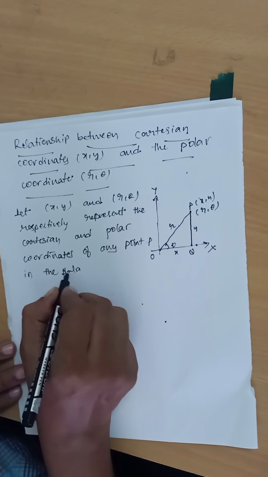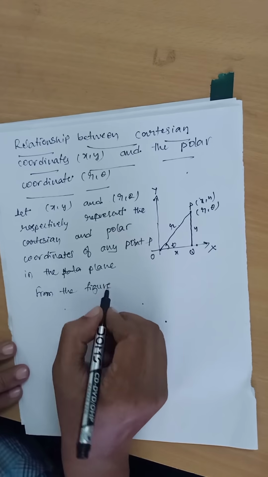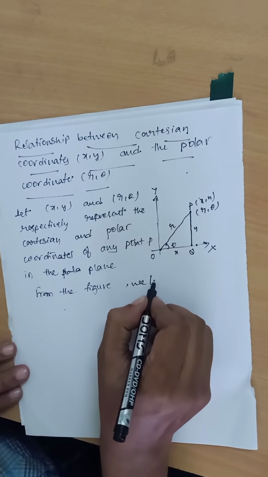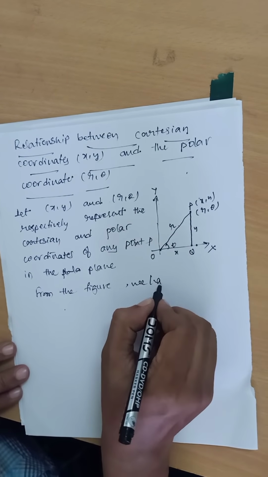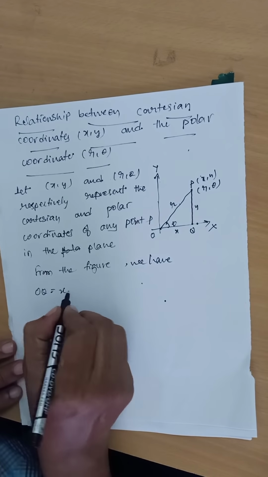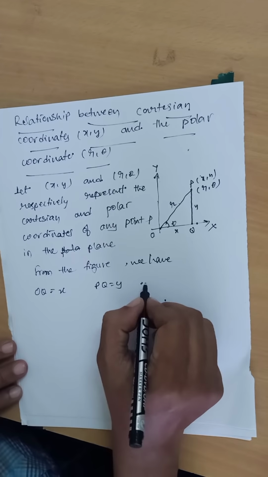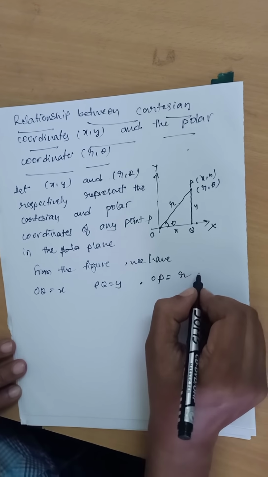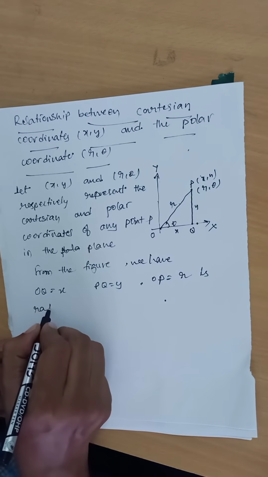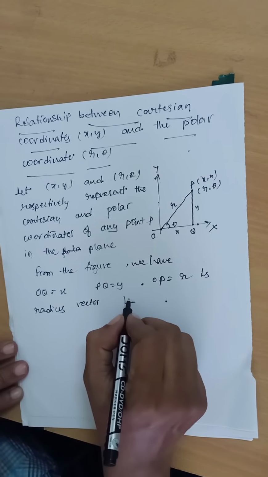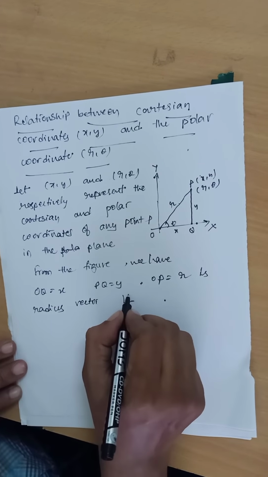From the figure we have OQ is x, PQ is y, OP is r, the radius vector, and angle POX is theta.